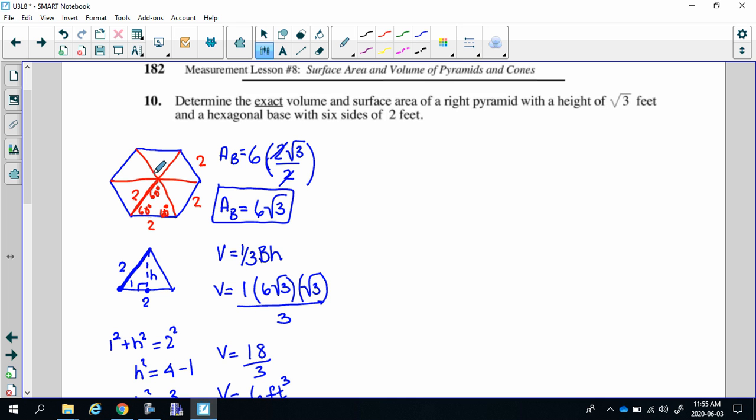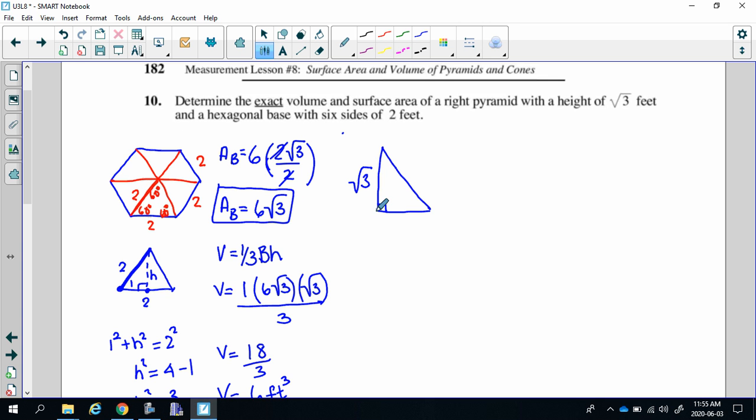So what I'm going to do is the following. So I am going to draw a right triangle. Now, this height is √3. This is the height of my pyramid. I hope you can follow this. It's really hard for me to draw a pyramid on this.